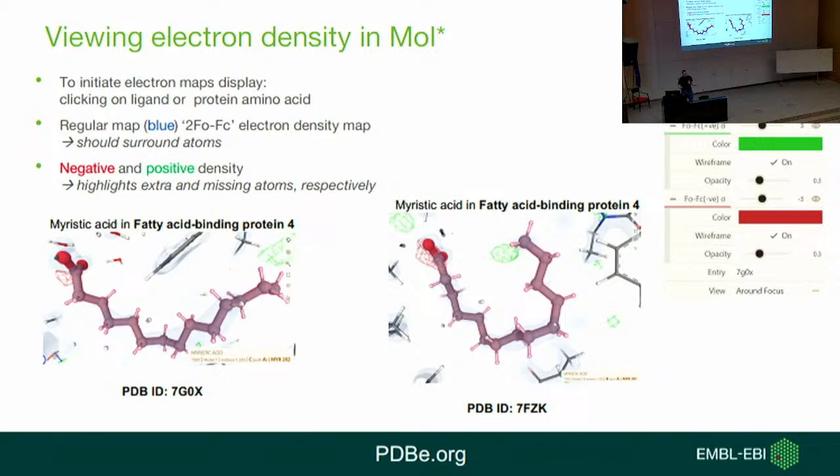But since every ligand is different, this validation is much less used, and there are quite a lot of mistakes in the PDB. It's starting to improve, because now there is validation even for ligands.